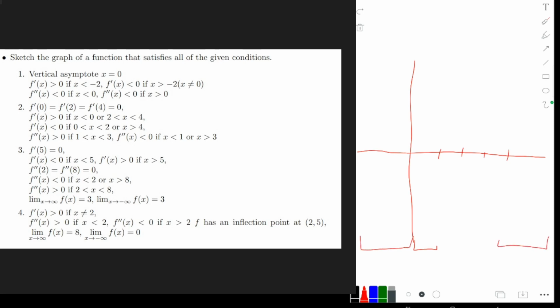So from -infinity to 0, to 1, to 2, to 3, to 4, to infinity. All right. So from negative infinity to 0, it is increasing and concave down.